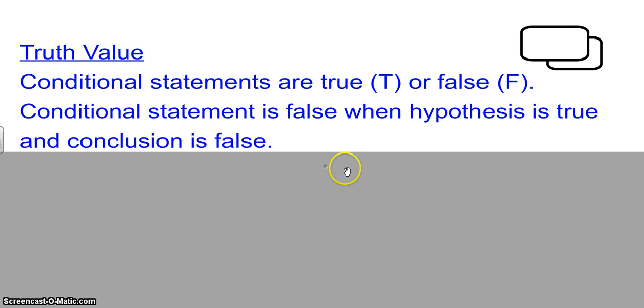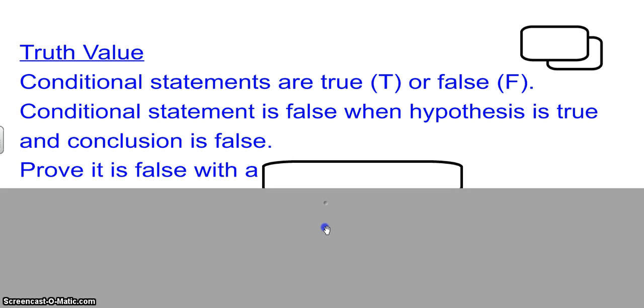If the hypothesis is true and the conclusion is false, we can say that the entire statement is false. This is really important, okay? If the hypothesis was false, that's another story, so we'll see that in a sample.